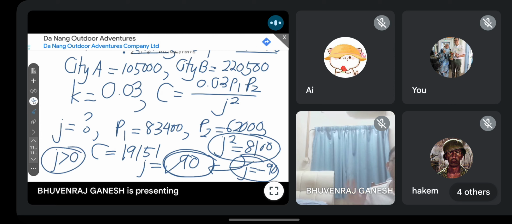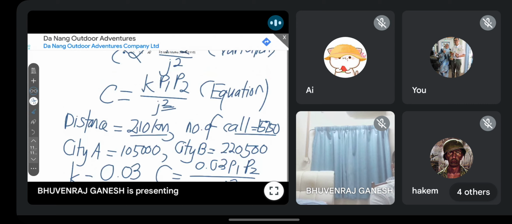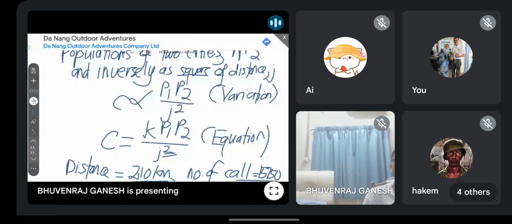Understand, guys? But then, if you refer back to the situation here, guys, J over here represents what in this question? What does the value J represent? Can you all tell me? Yes. Can distance be negative? Can distance be negative? Cannot.